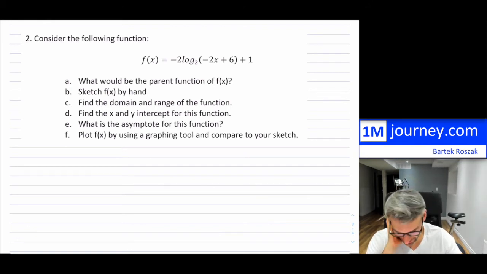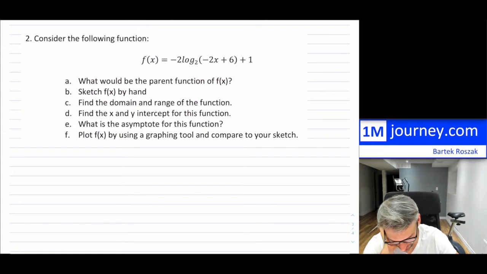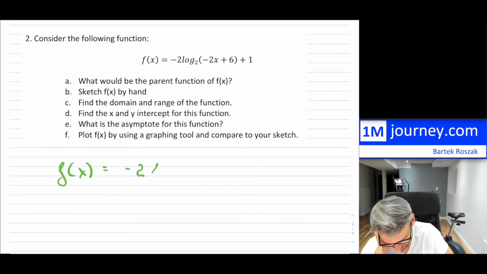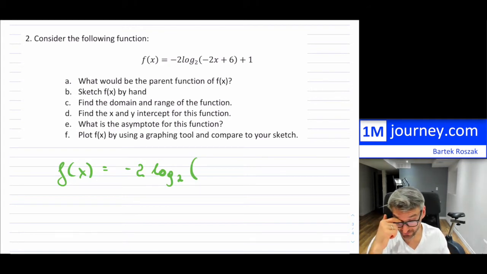Okay, so we're given a function. What would be the parent function of f of x? Well, it's logs. So notice f of x equals negative 2 log base 2, and we're asked to sketch f of x by hand. So that means we're going to have to use some transformations here.